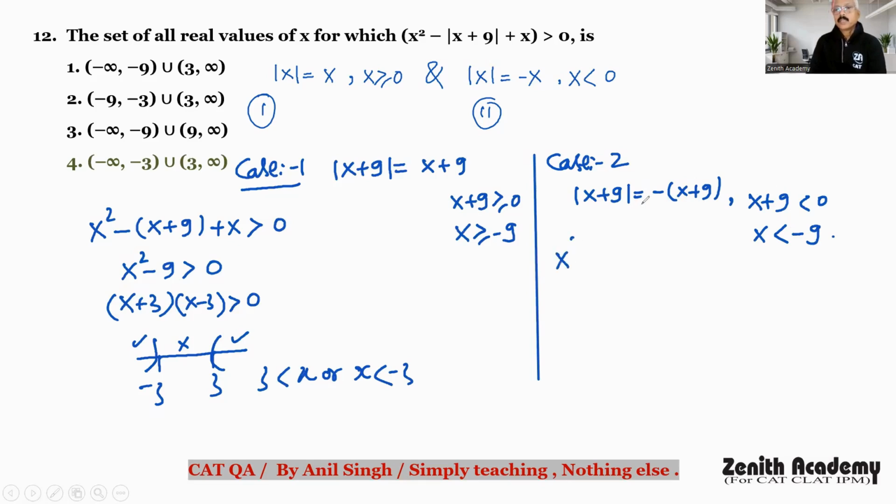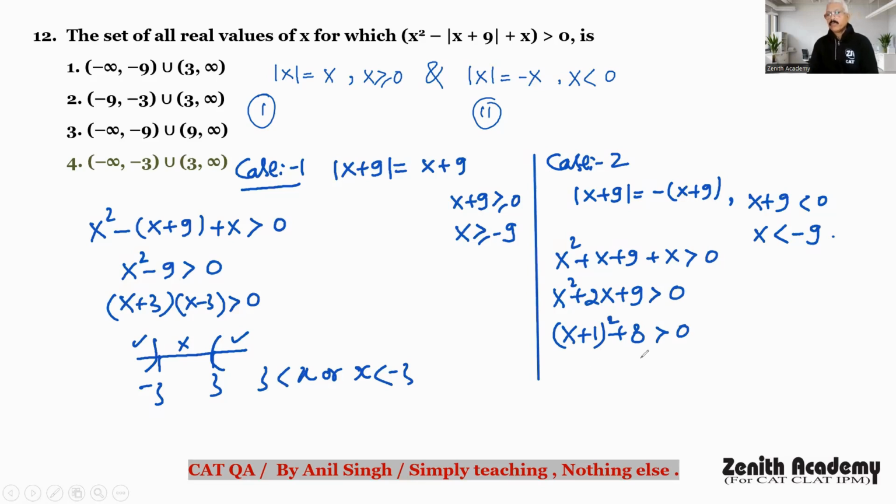Then x square, this minus and minus becomes plus. So it is x square plus x plus 9 plus x greater than 0. So x square plus 2x plus 9 is greater than 0. We can write it as (x plus 1) whole square plus 8 greater than 0. So all real values of x will be solutions of this inequality. But here it is given that x must be less than minus 9.